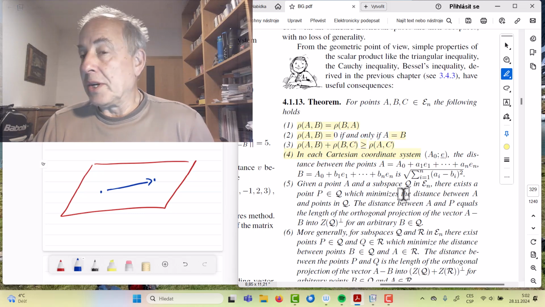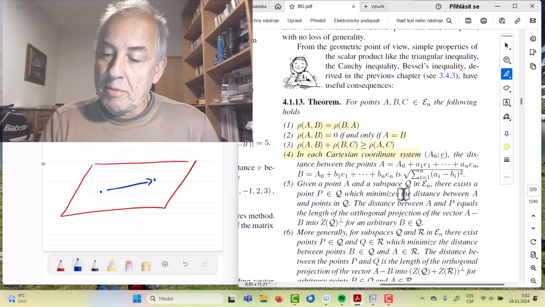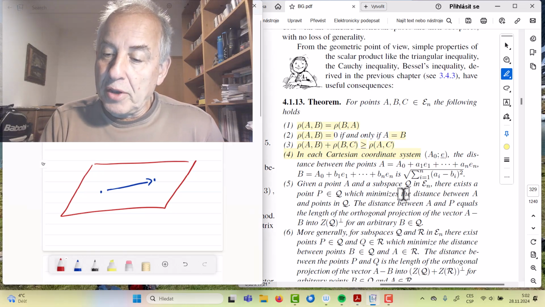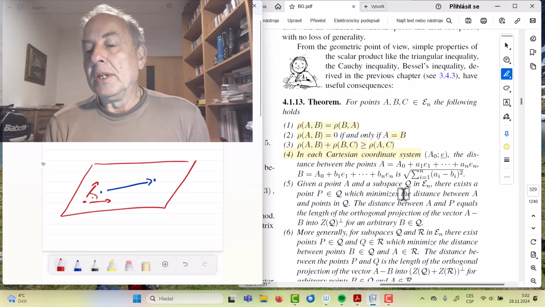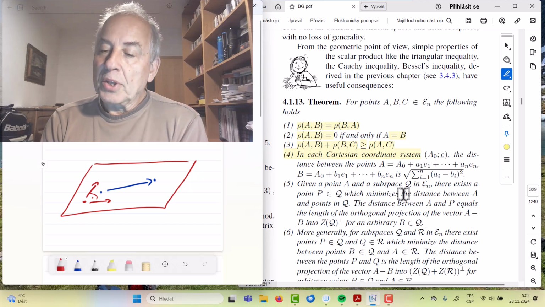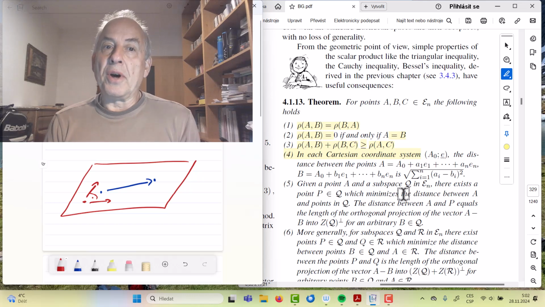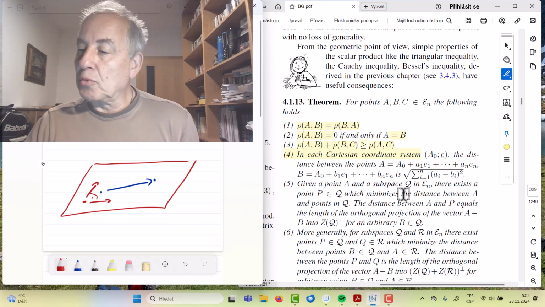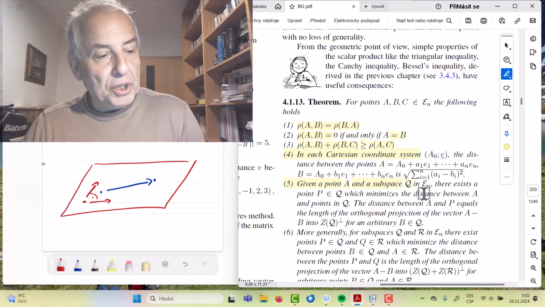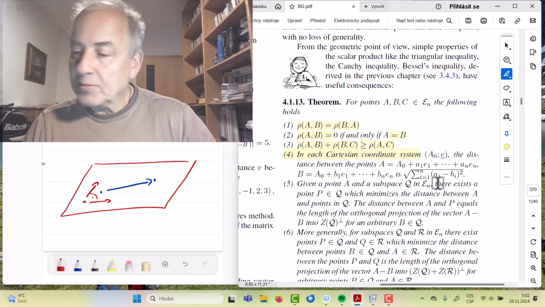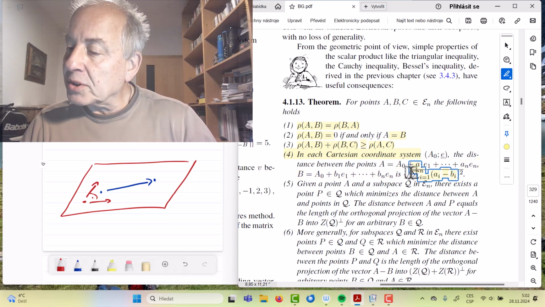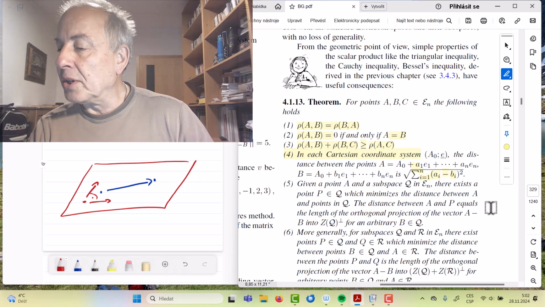And in each Cartesian coordinate system, so remember, if we have some origin and 2 vectors which are perpendicular in the sense of the scalar product, then the distance is written in terms of coordinates, and it's just what we know as the Cartesian distance.